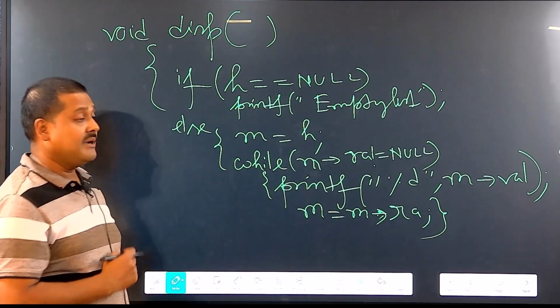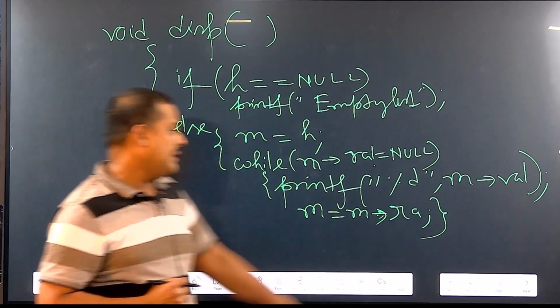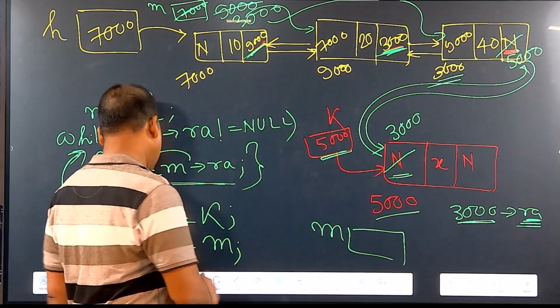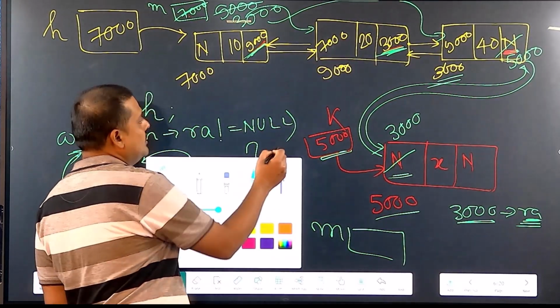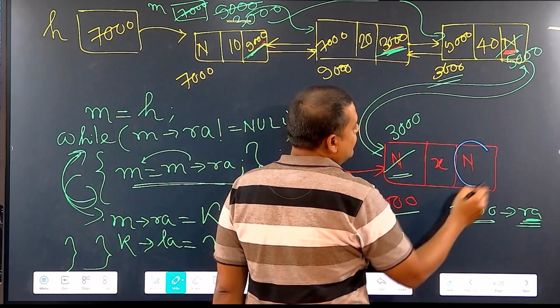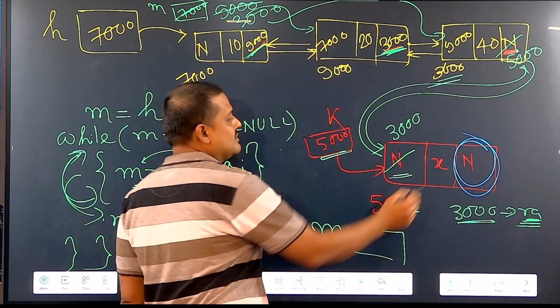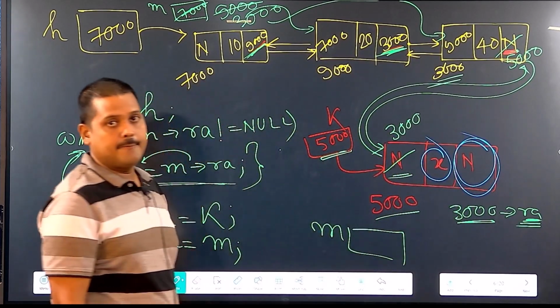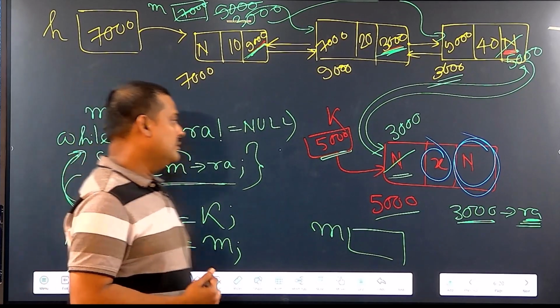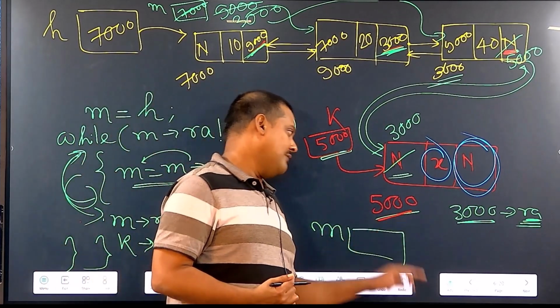But what will happen in this case? Can you tell me? Yes, the last value. What about this last value? When m arrow right address is null, this value is not printed. So m still has the 5000 value. So what will we do?